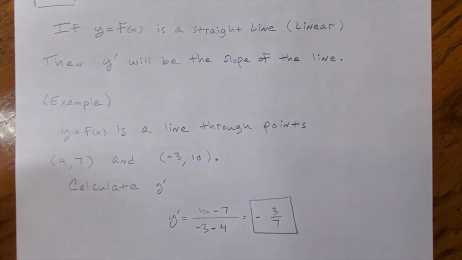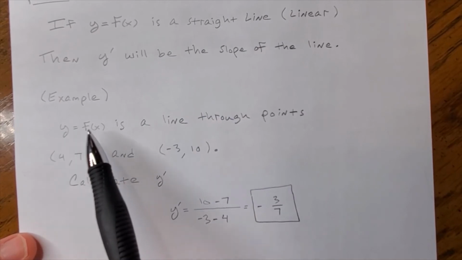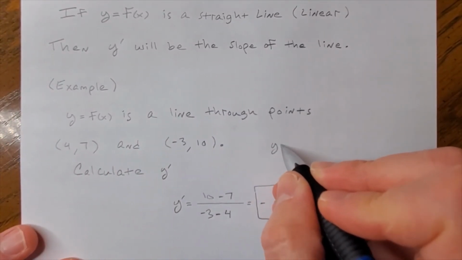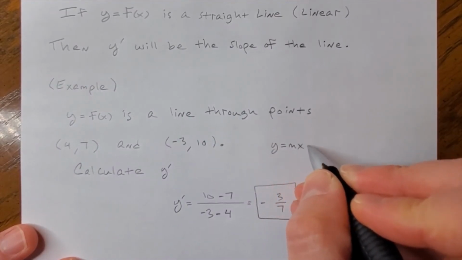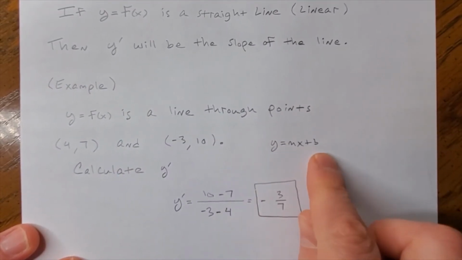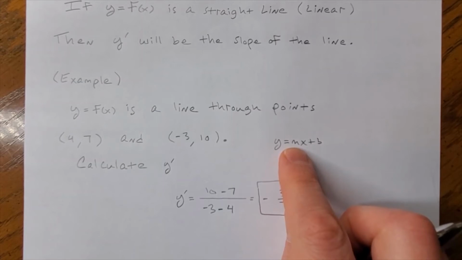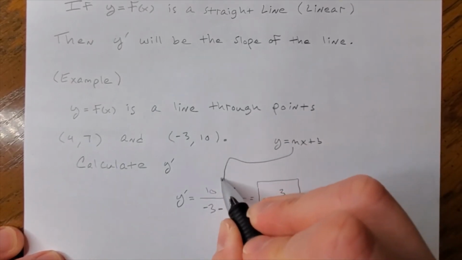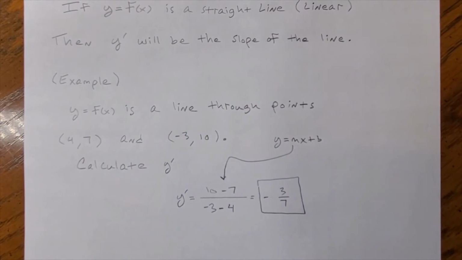Then you might approach this by figuring out the equation for the line, like y equals mx plus b, and then realize, oh, it's just m. So we'll just calculate m right from the beginning, and that's going to be it.